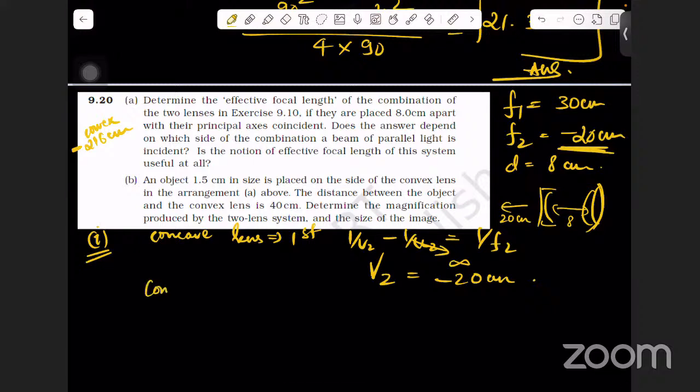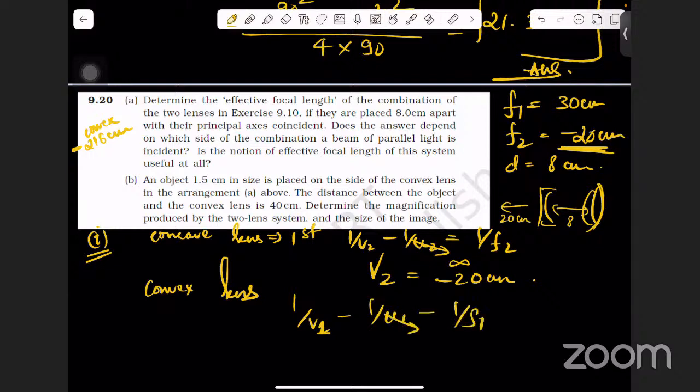For the convex lens, 1 upon V1 minus 1 upon U1 is 1 upon F1. U1 is minus 28 centimeters, and F1 is 30 centimeters.